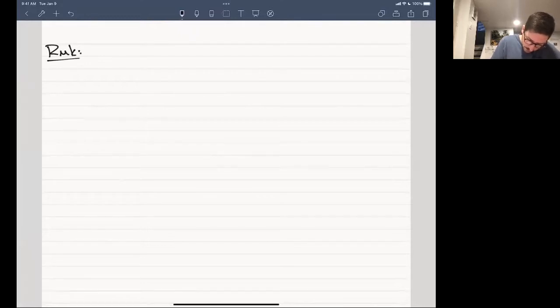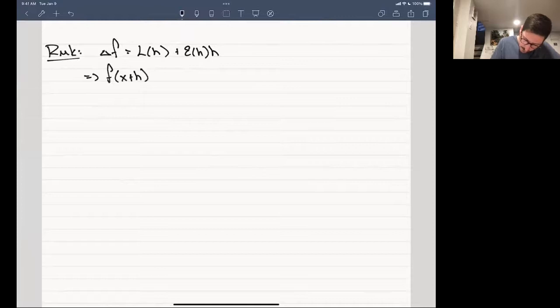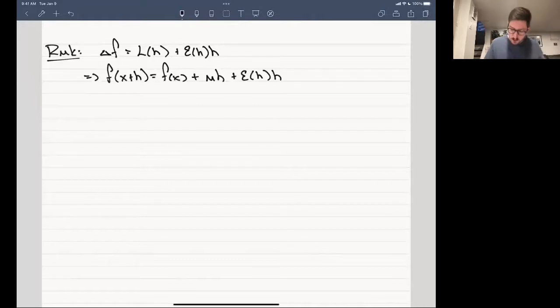Well, this implies that delta f is equal to L of h plus epsilon of h times h. And if I unpack my delta f, this is really saying f of x plus h is equal to f of x plus, now I'll unpack my L of h, that's m times h, plus epsilon of h times h.